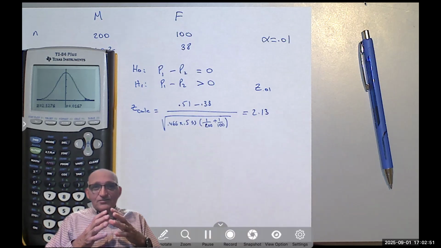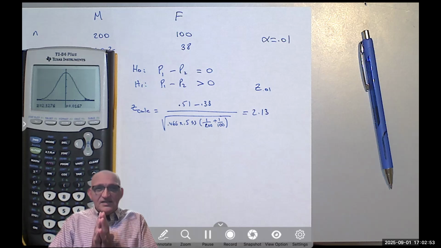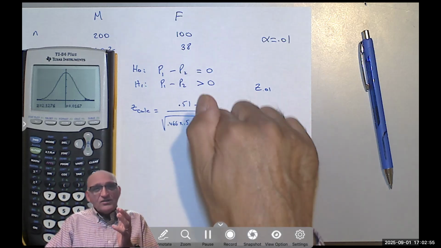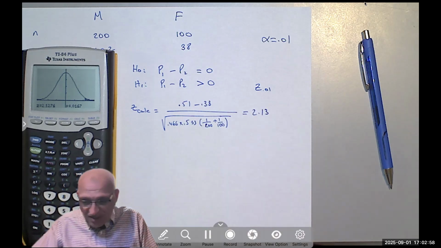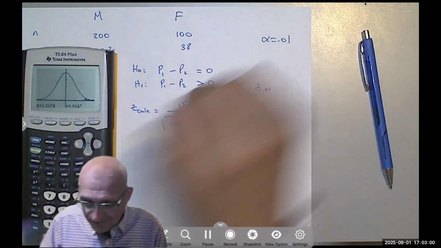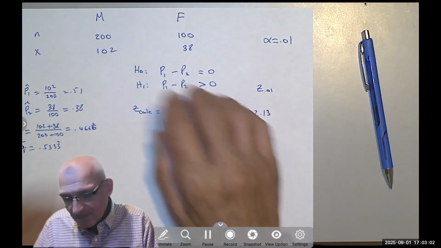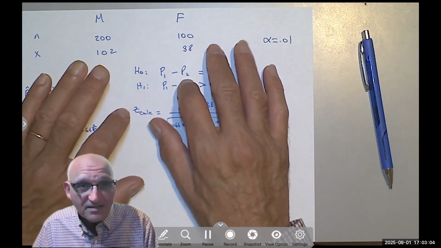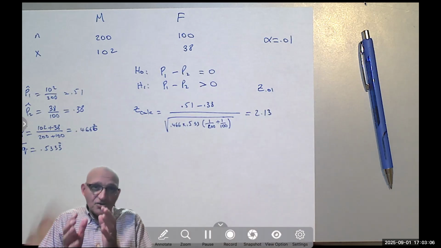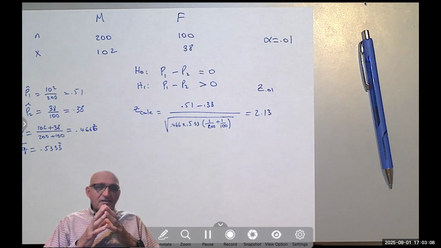So if you want to be really very confident that you are not rejecting a true hypothesis, then you care about alpha, right?